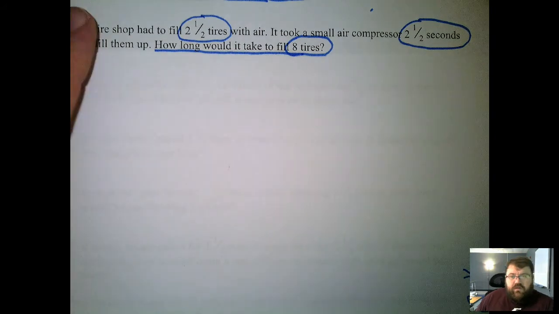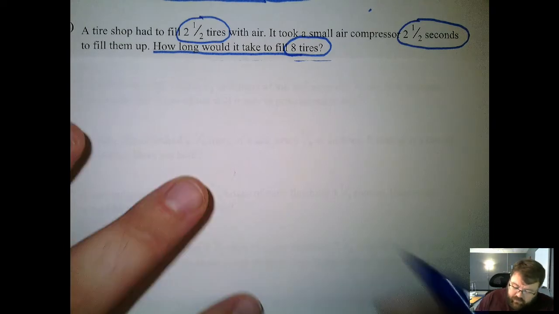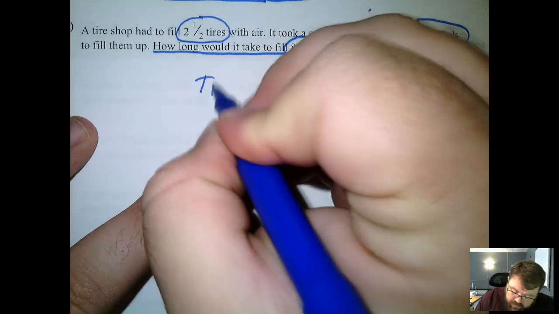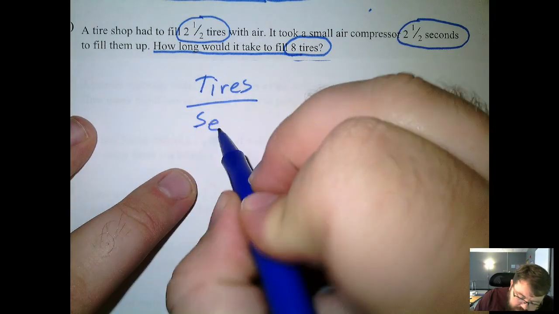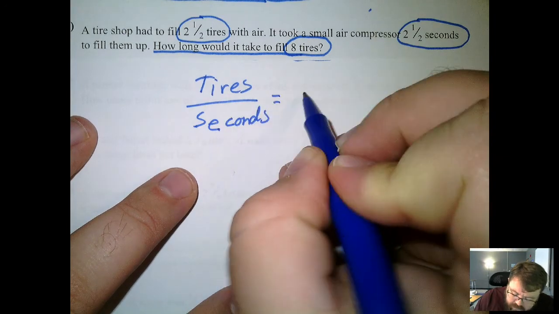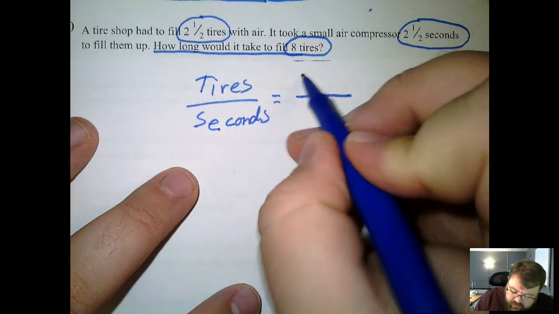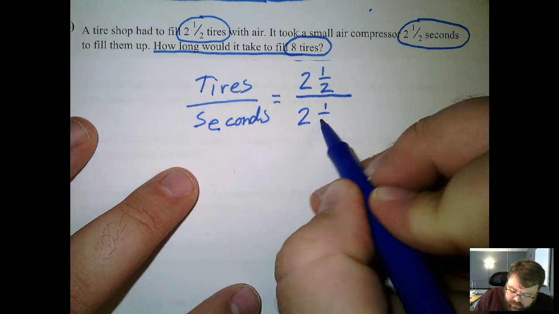Some of you already know the answer from here without having to set up anything, but let's set it up nevertheless. We're talking about tires, and we're talking about seconds. Our given ratio is 2½ tires in 2½ seconds.